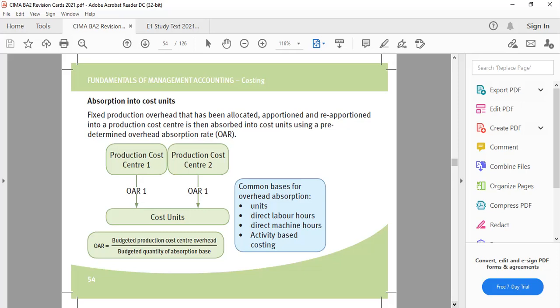Fixed production overheads that have been allocated, apportioned, reapportioned, till then we have learned allocation, direct identification, apportionment, and reapportionment of service department cost to production departments. After that, the production cost center overhead is absorbed into cost units using a predetermined overhead absorption rate.